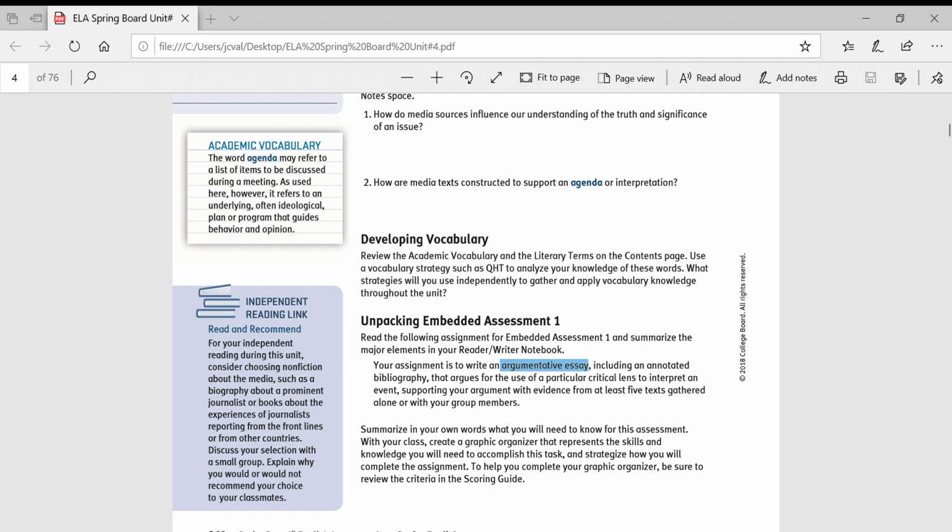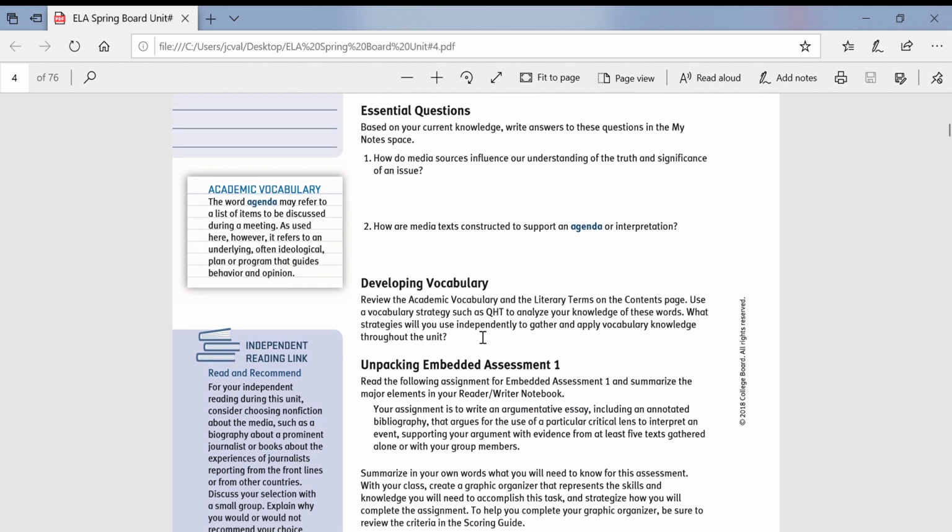When we're done with that, we're going to look at question number 1. What you're going to notice about your embedded assessment and these questions is we're going to be working with the media a lot. Reading, watching different media sources, paying attention to how they're promoting any potential agendas or how they're being biased. As usual, I do not care what your own opinion is on a topic, politically, socially, whatever.